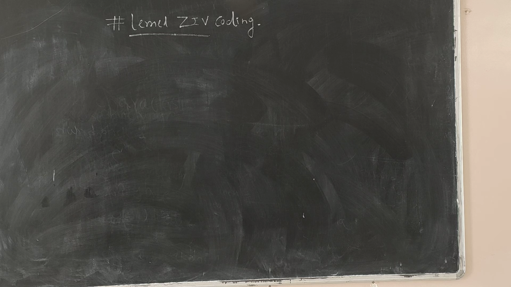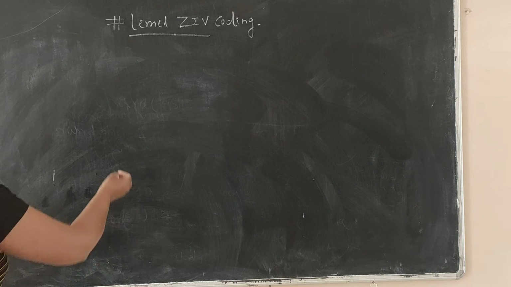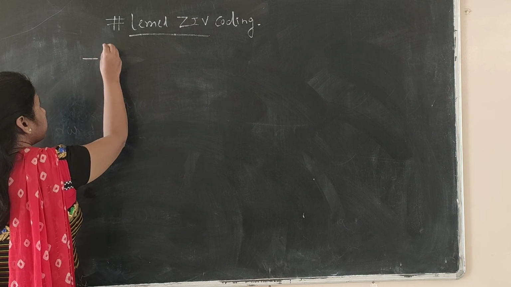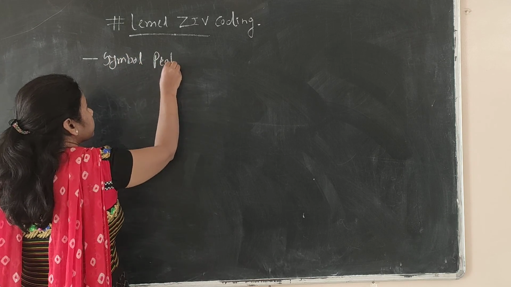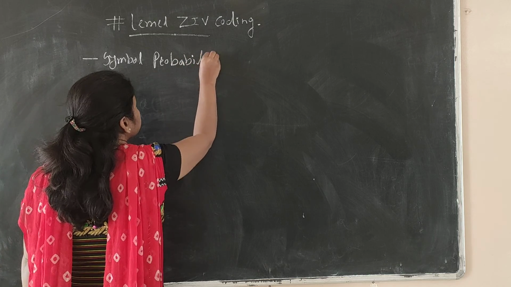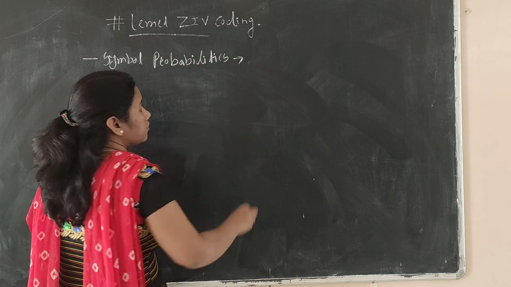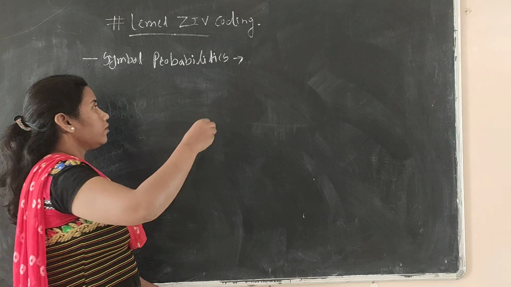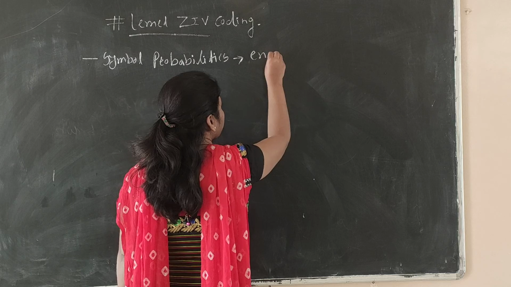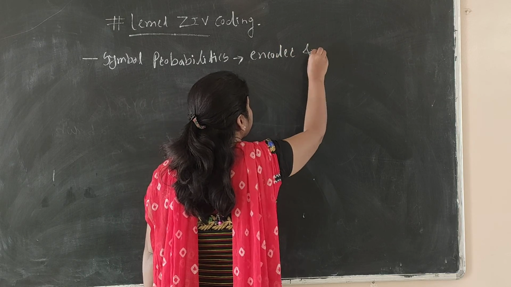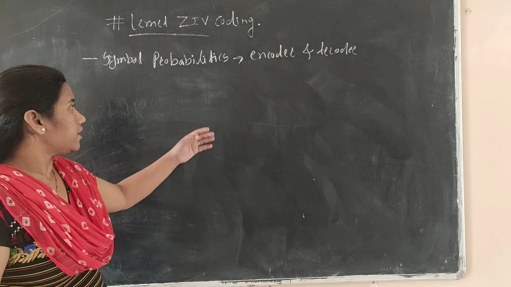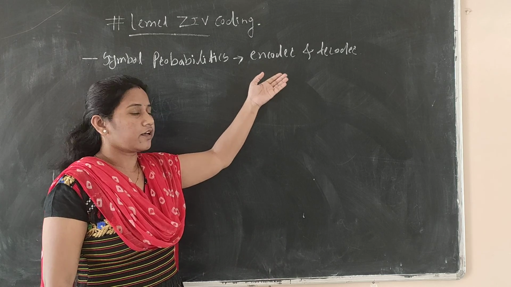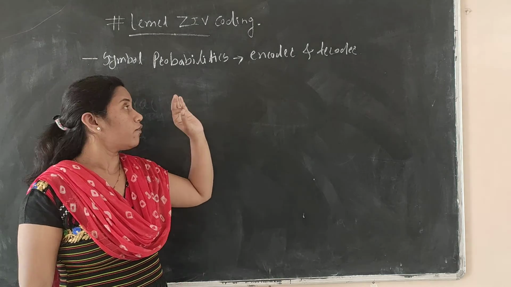The first disadvantage of the Huffman code is that the symbol probabilities must be known. These symbol probabilities must be known to the encoder as well as the decoder, because both at the sending and receiving side, that means encoder and decoder, must know the tree for the Huffman coding.